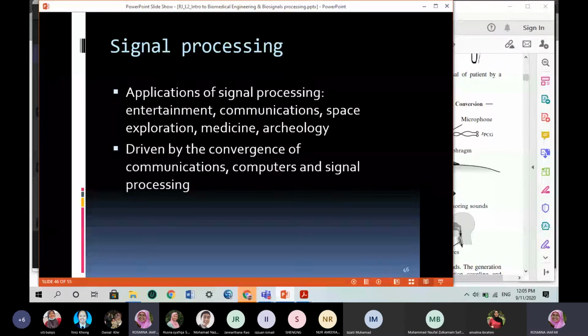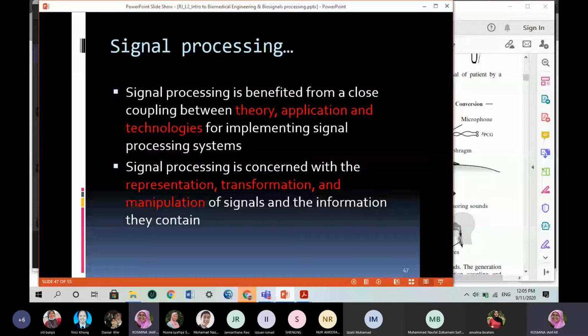And signal processing is driven by the convergence of communications, computers, and signal processing. Signal processing benefits from a close coupling between theory, application, and technologies for implementing signal processing systems.